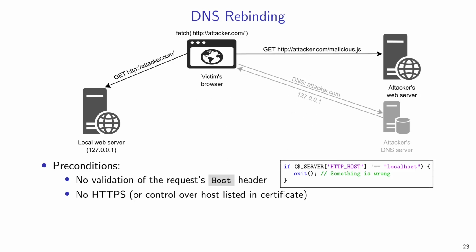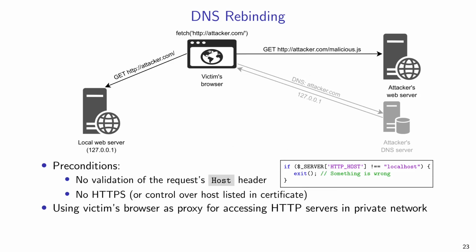But in practice, this attack is mainly used for using a victim's browser as a proxy for accessing HTTP servers in the victim's private network. It is especially effective for attacking routers and IoT devices, because those usually are not bound to any specific hostname, and also deploying HTTPS on IoT devices is a big challenge.